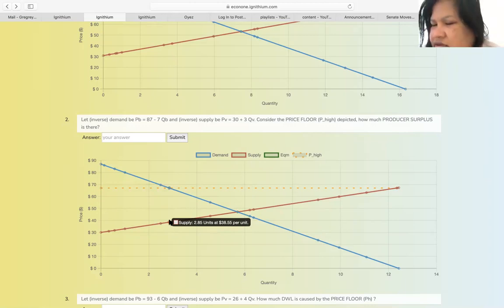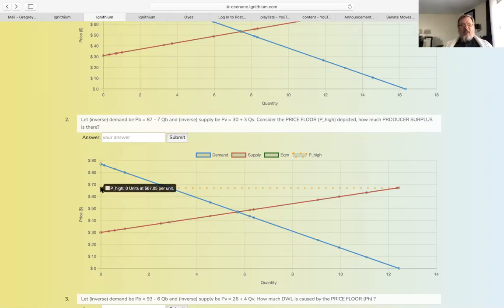Minus 30. So yeah, you want to go through the calculation really quickly and we'll just verify it and see how we do.